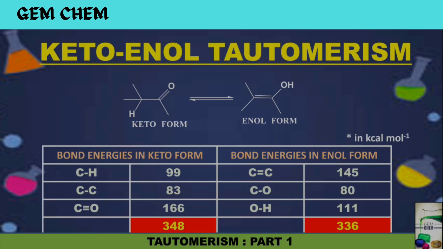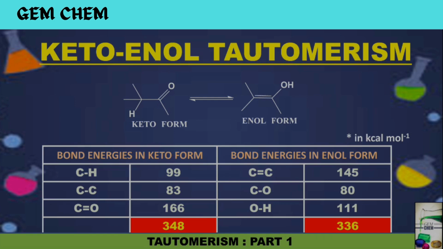Now, while studying Keto Enol Tautomerism, we are going to find out in more detail how the structures in different environmental conditions in the medium, or more appropriately the reaction medium, change the enol content for a particular tautomerism.